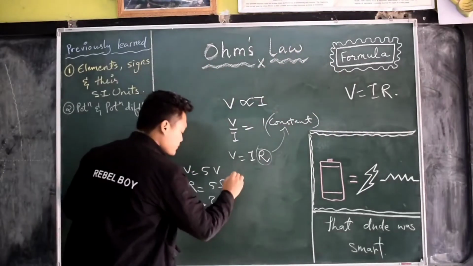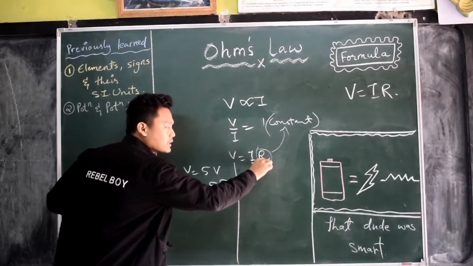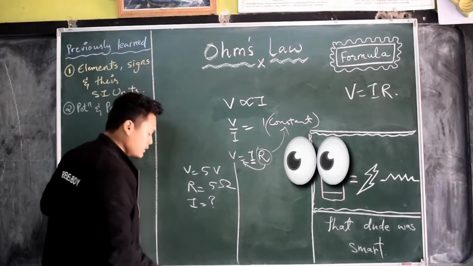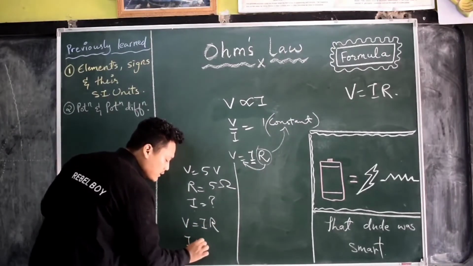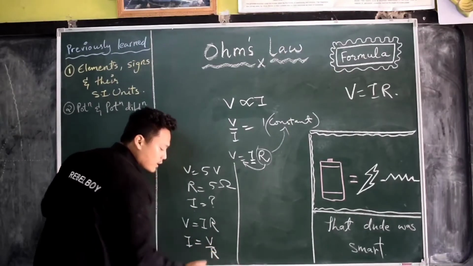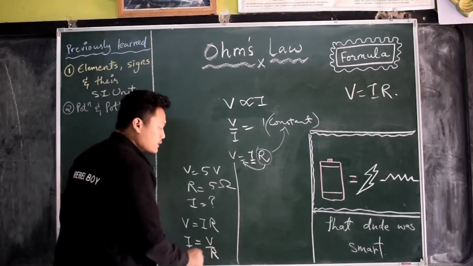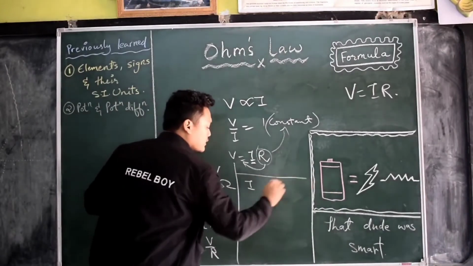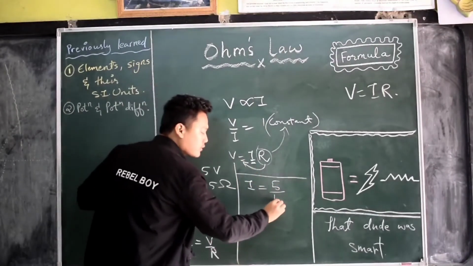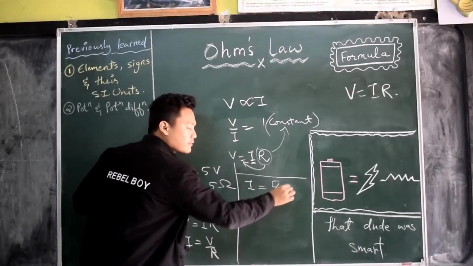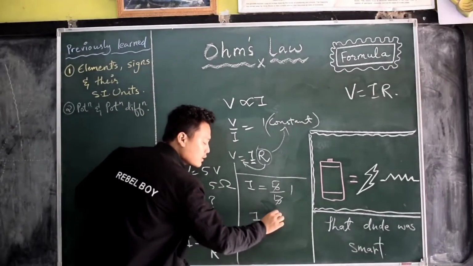Okay, so V is equal to IR, I is equal to V upon R. So V is 5 upon R is 5, so I equals 1.